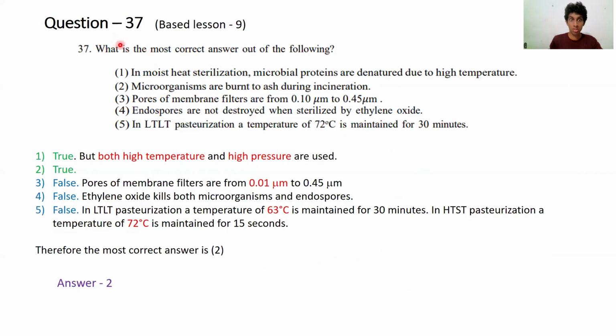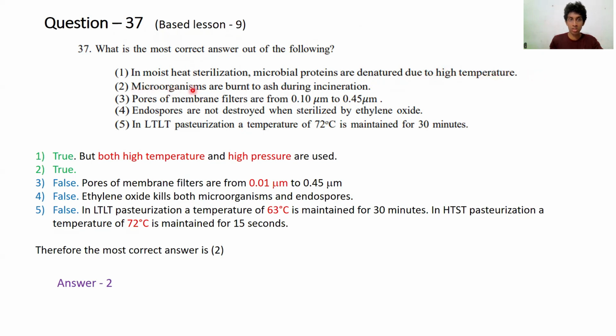Question number 37. It is based on the 9th lesson. What is the most correct answer out of the following? 1. In moist heat sterilization, microbial proteins are denatured due to high temperature. That is true, but there is a small problem there because in moist heat sterilization, both high temperature and high pressure are used. Therefore, microbial proteins are denatured due to both high temperature and high pressure.